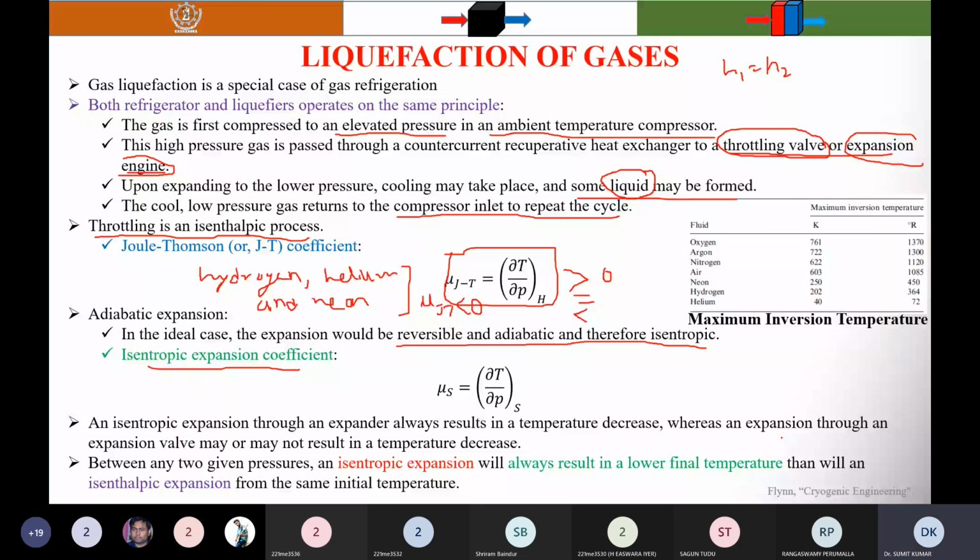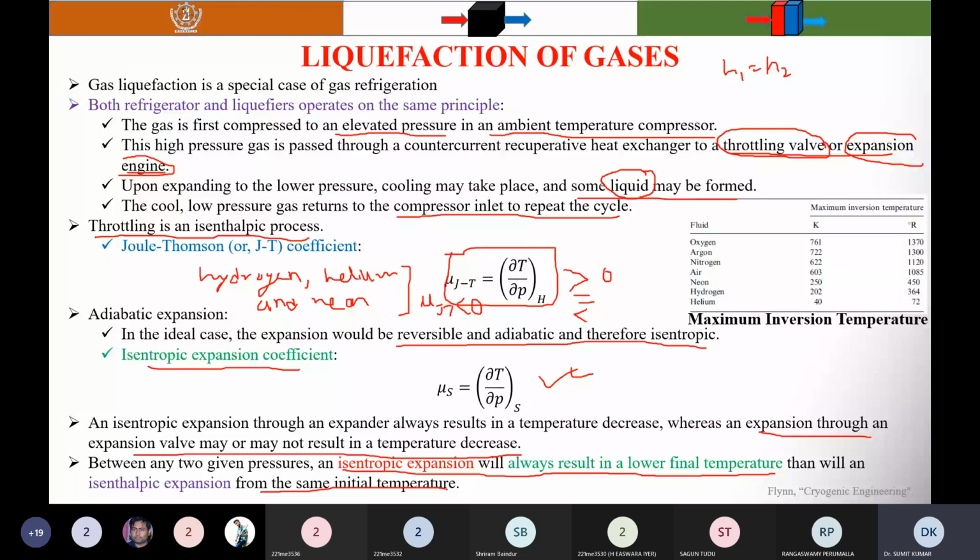Okay, so between any two given pressures, which one do you feel is more efficient? It's obvious that the one which works reversibly and adiabatically, the expansion engine, is more efficient than the valve, because you know that all devices which work on a reversible process have the highest efficiency. Between any two given pressures, an isentropic expansion will always result in a lower final temperature than an isenthalpic expansion from the same initial temperature.